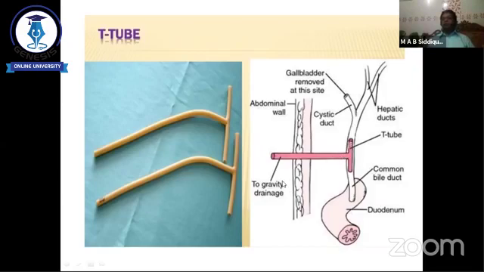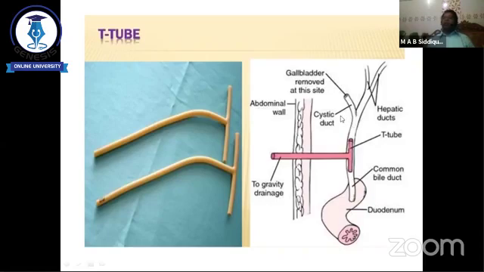For removal, we apply gentle pressure on the tube, and it is extracted through the tract from the CBD. And due to the reactive change in this tract, no bile leaks from it. The bile passes to the duodenum.